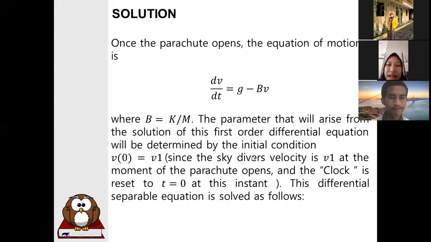The parameter that will arise from the solution of this first order differential equation will be determined by the initial condition v0 equals v1, since the skydiver's velocity is v1 at the moment the parachute opens, and the clock is reset to t equals 0 at this instant. This separable differential equation is solved as follows.